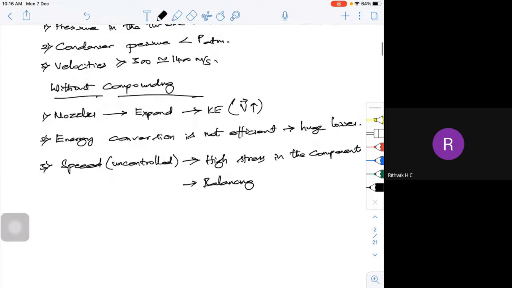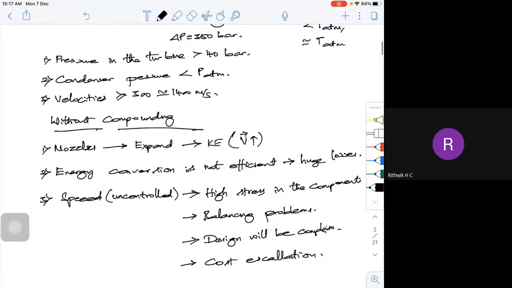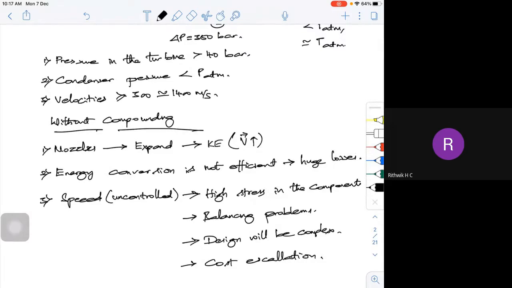And the third thing is your design will be complex. And all this will lead to what is called cost escalation. So these particular problems can be addressed using compounding.